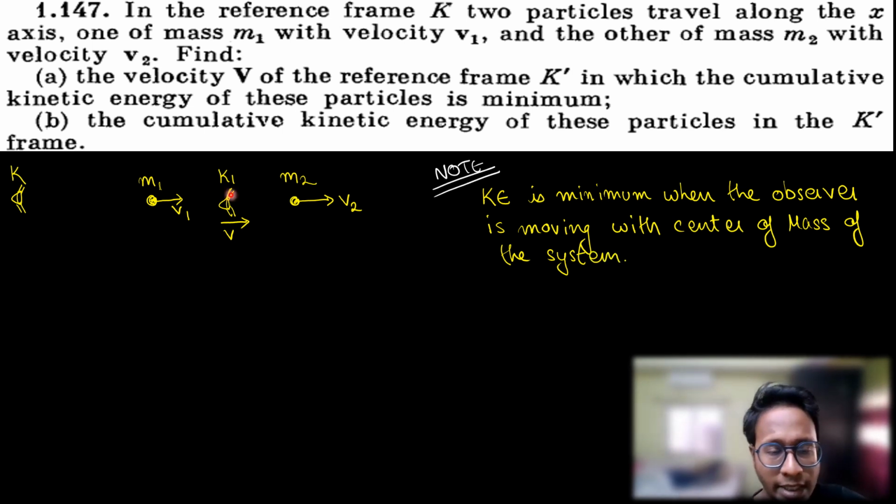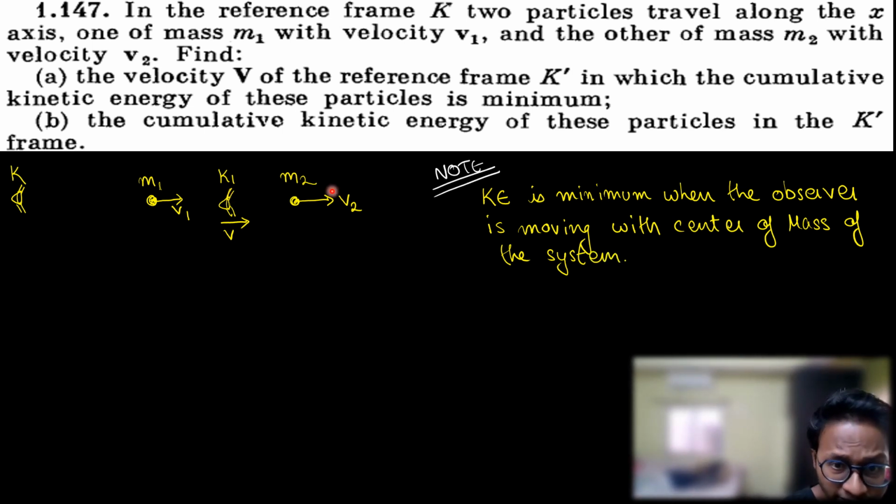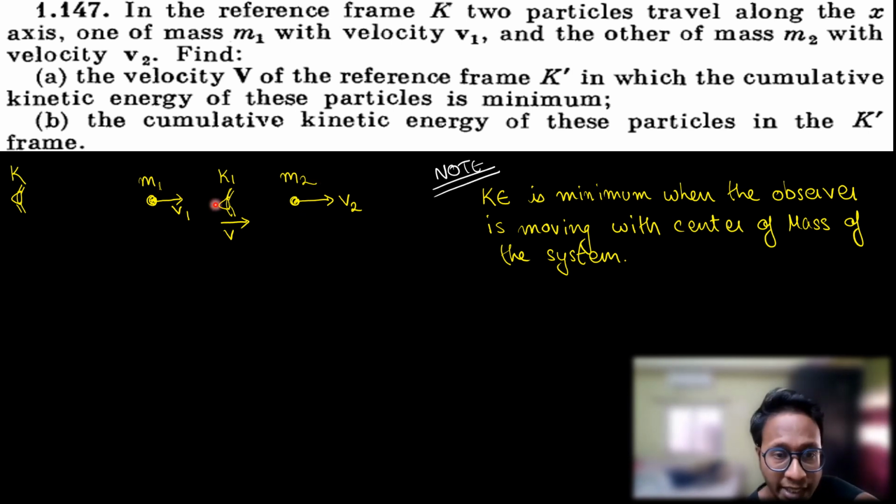That means when this observer moves with the same velocity as the velocity of center of mass of these two particles, then the kinetic energy of the system as seen by this observer K1 would be minimum.